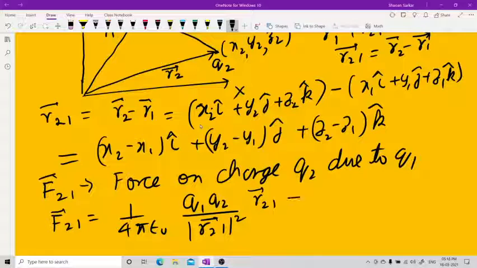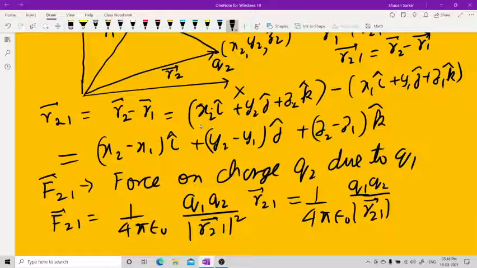This can also be written as 1 by 4 pi epsilon naught q1 q2 upon r21 cube times r21.